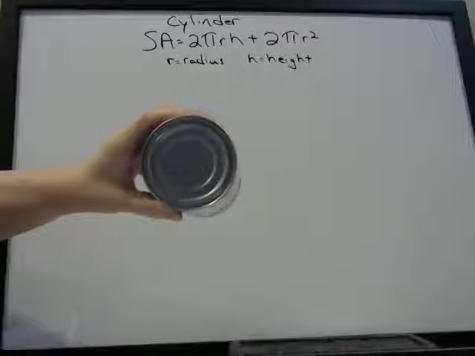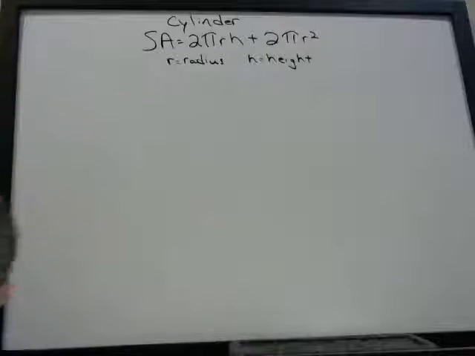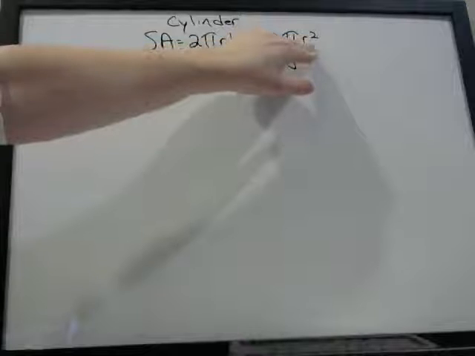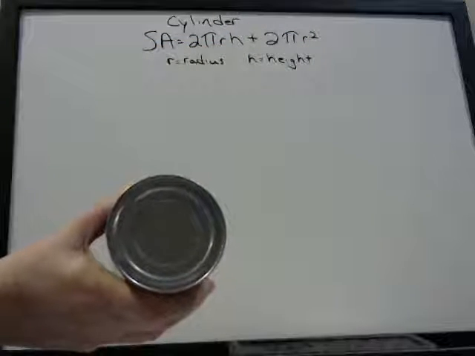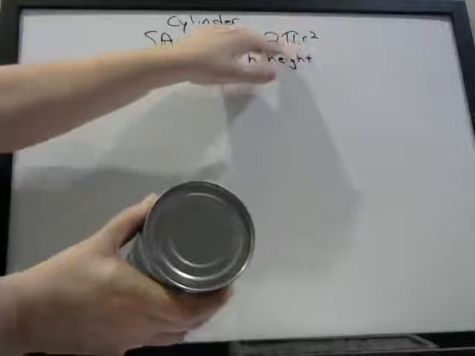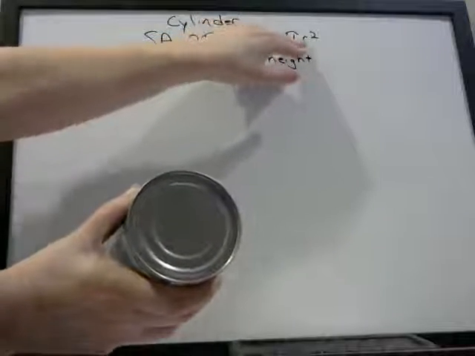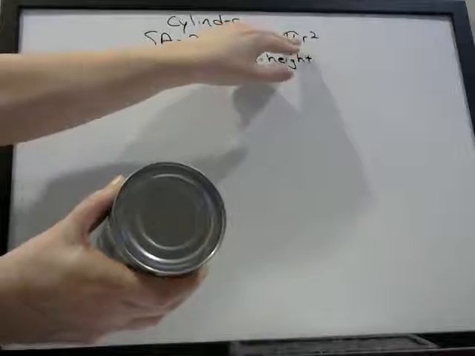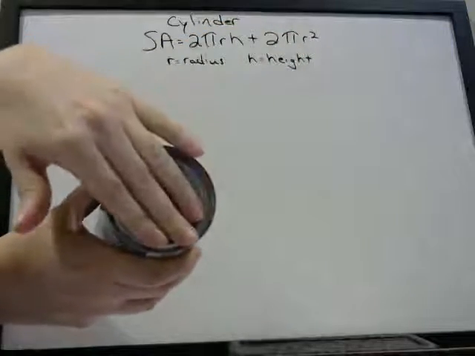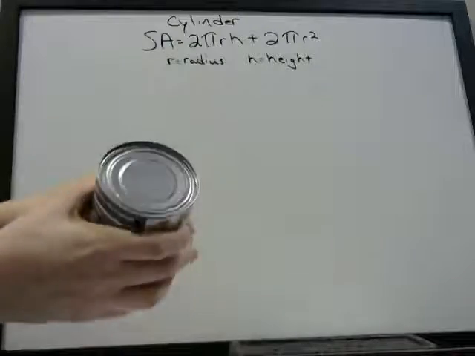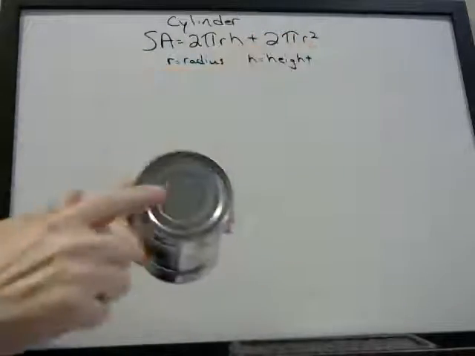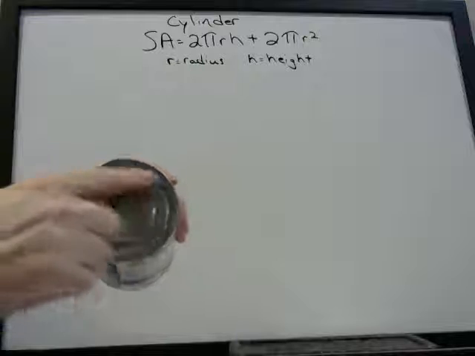If you look on your formula sheet, and hopefully maybe you even have this memorized, pi r squared is the formula for the area of a circle. So this part of this equation, when we're figuring out the total surface area of the cylinder, is telling us the area of the top and the area of the bottom, because pi r squared is giving us the area of this top.